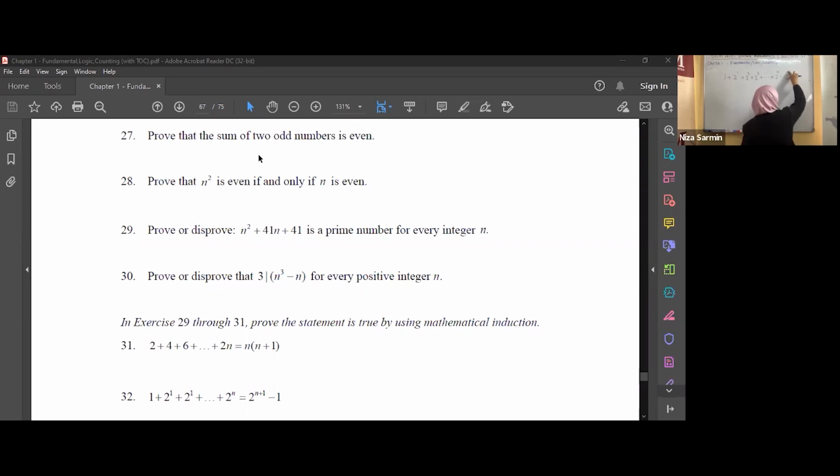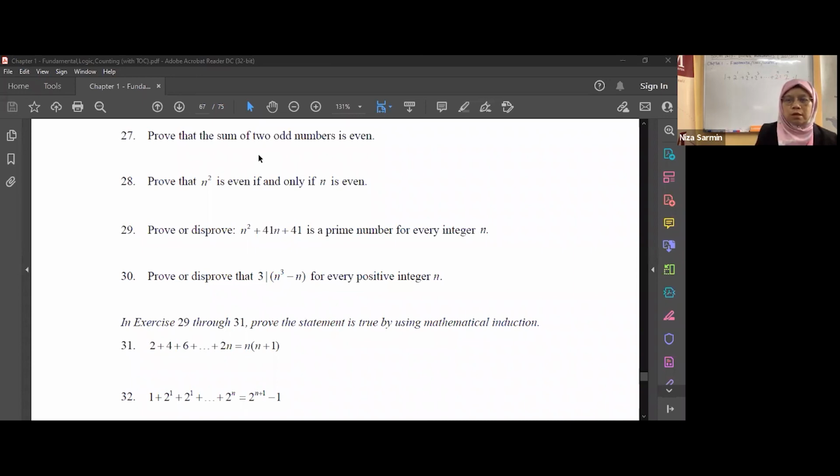What if I have it like this? When n is 1, I get 1. When n is 2, 1 plus 2 is 3, which is 4 minus 1. When n is 3, it is 7, 8 minus 1. I think that's a typo there. Okay, can you please edit that? Okay, 2 to the n minus 1.